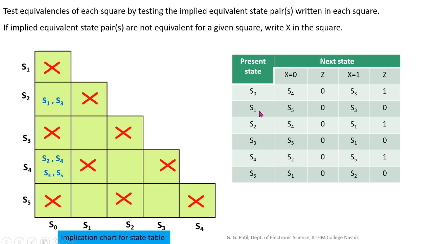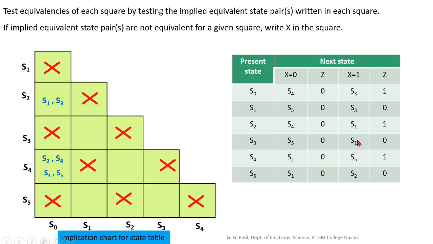So let us check S1, S3. Next state under x equals 0 is S5, S5, the same state. There is no need to write. And under input x equals 1, the next states are S1 and S3. Means S1 is equivalent to S3 if and only if S1 is equivalent to S3.